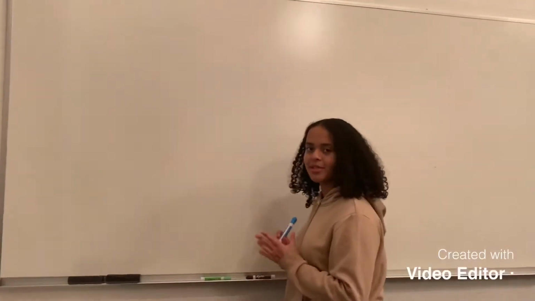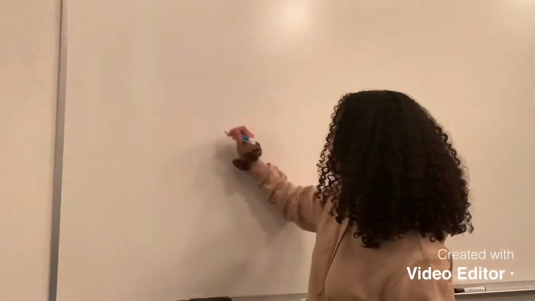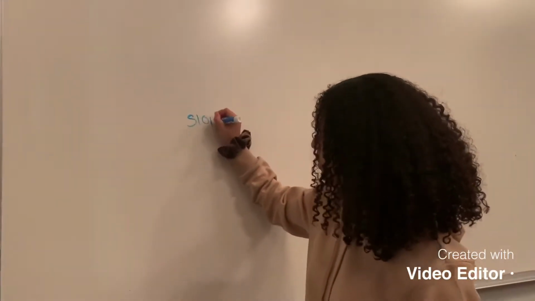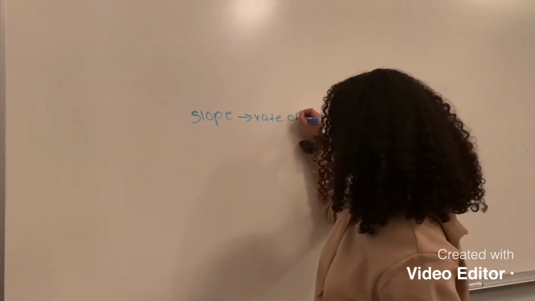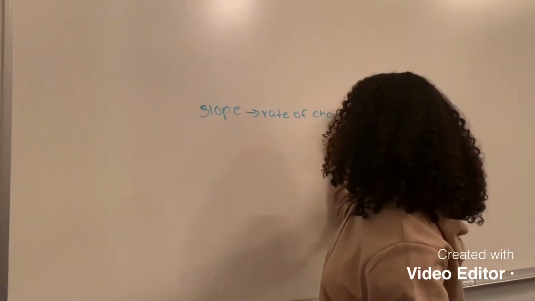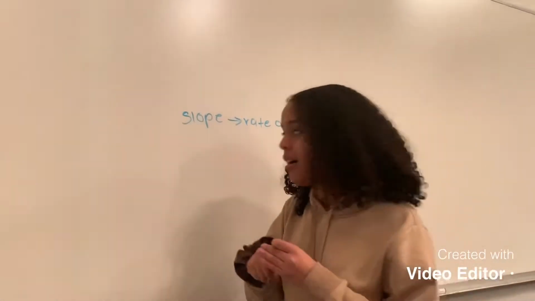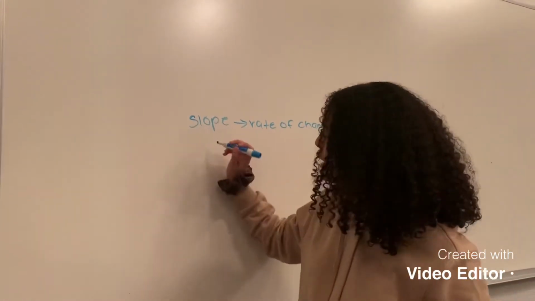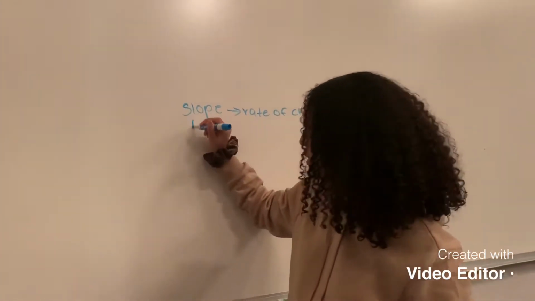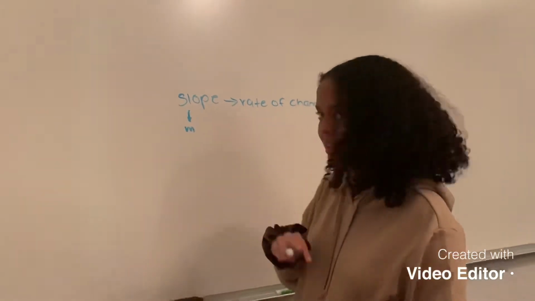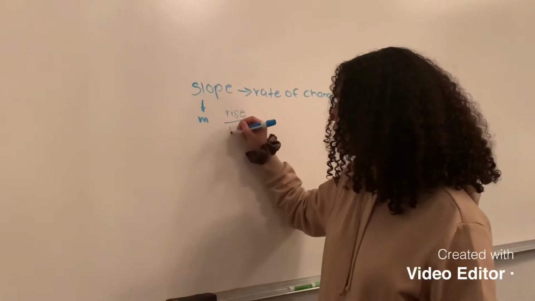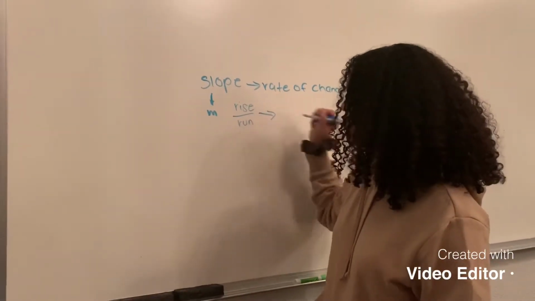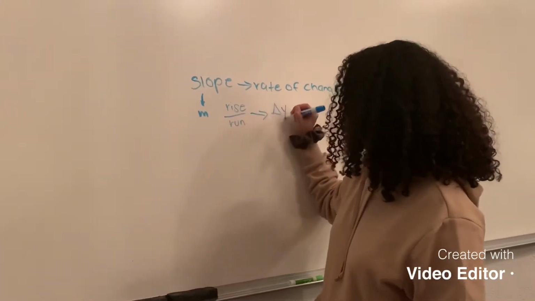So we're going to be talking about slope, which is really important for middle school. The definition of slope is rate of change. Slope is also known as M in equations, which is rise over run, or delta y over delta x.